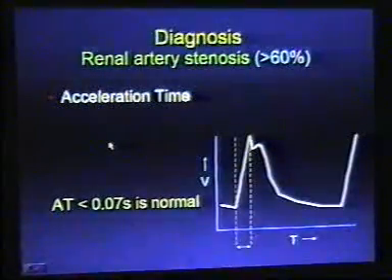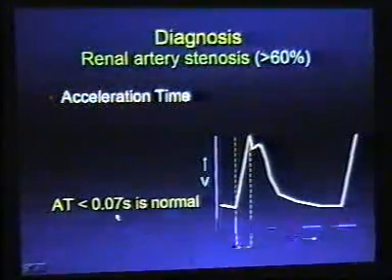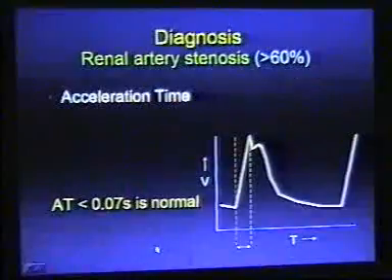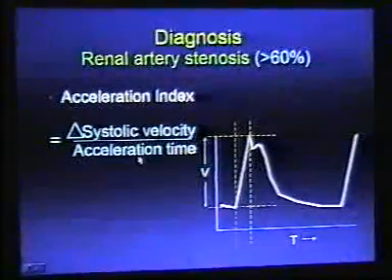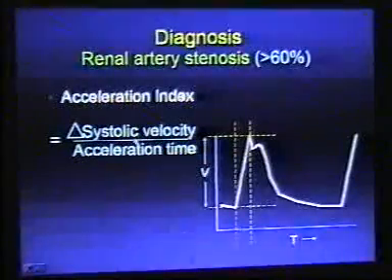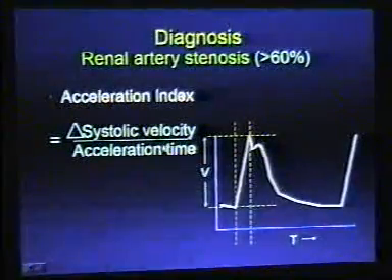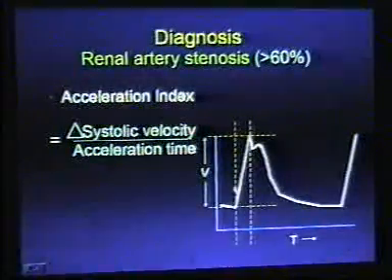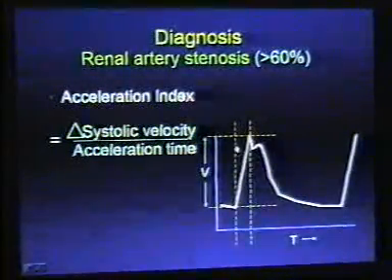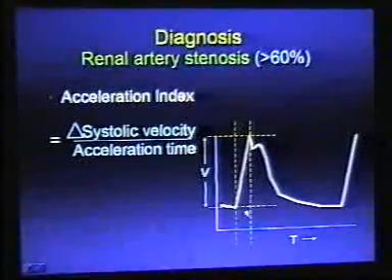And usually the acceleration time is less than 0.07 seconds in normal. Then we measure acceleration index. It is measured by dividing systolic velocity with acceleration time, and this is the area which is measured. This is systolic velocity and it is acceleration time.